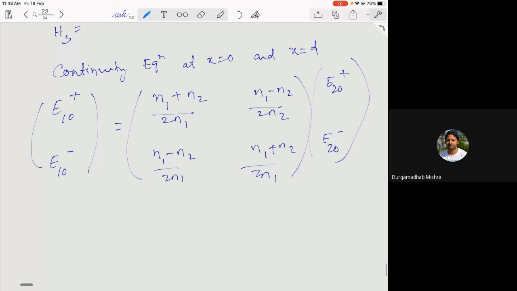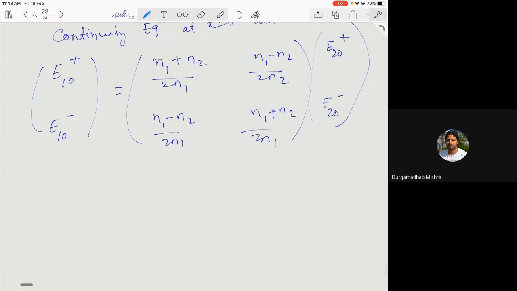Okay. So similarly, you will also have an expression for E20 plus and E20 minus with n3 by 2n2 exponential minus ik2d.